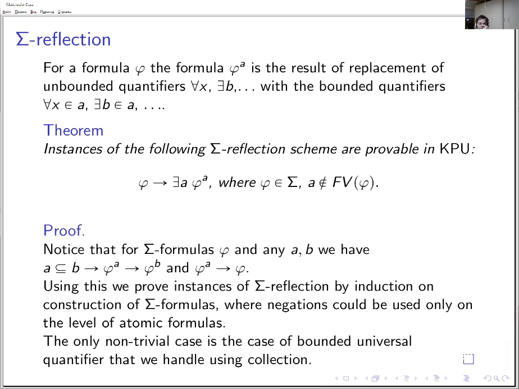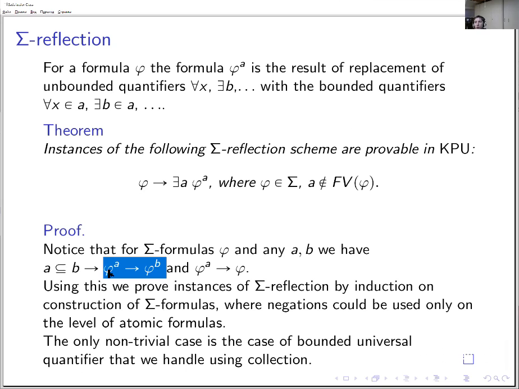So the point is that we prove the reflection by induction. The key property that we're using is that sigma formulas are upward persistent. So if A is a subset of B, then phi restricted to A implies phi restricted to B. If a sigma formula holds on a smaller domain, then it holds on a larger domain.